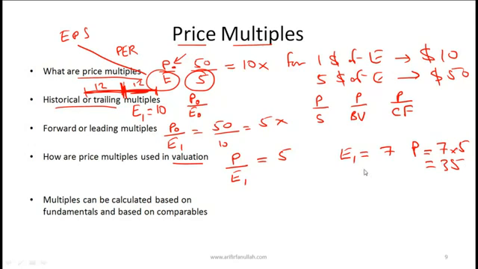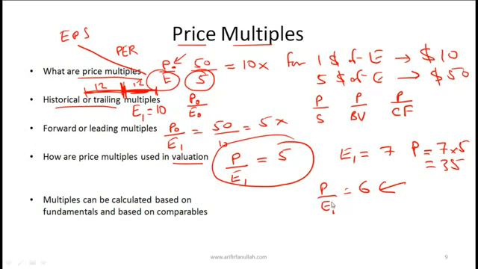Another way is where for an existing company, if the industry average PE is 5, and for a given company currently when we do P over E1, let's say we get 6. Now this would imply that the company that we are evaluating seems overpriced.